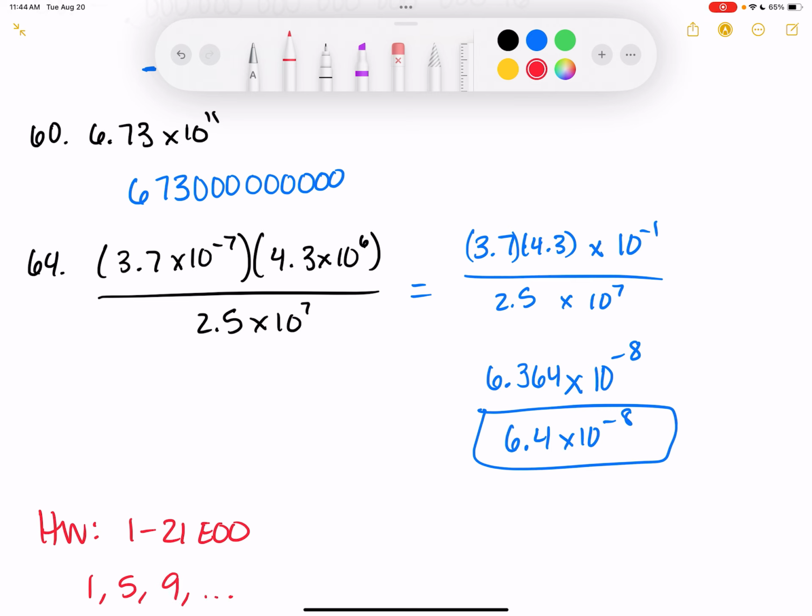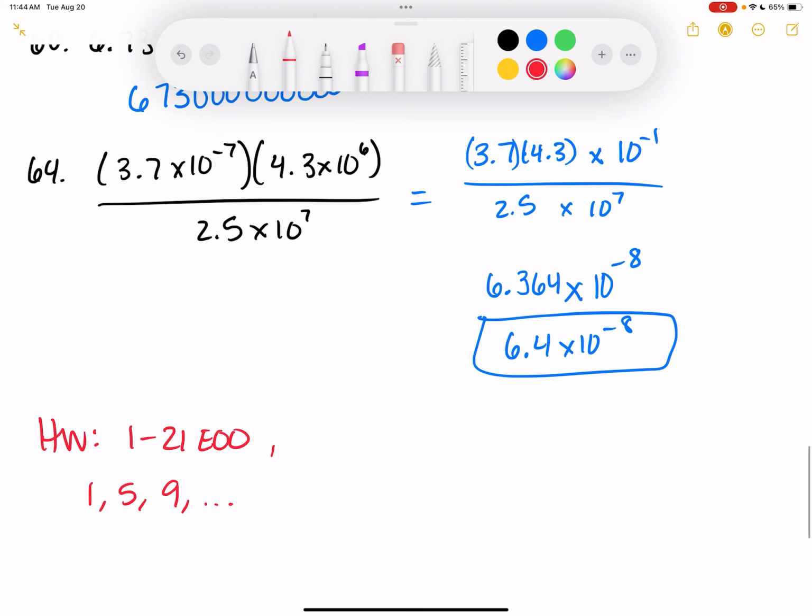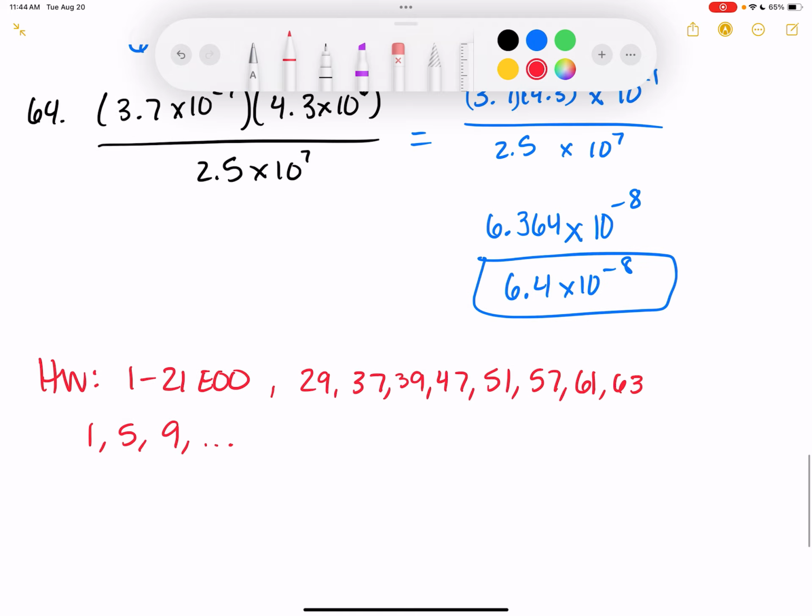Then 29, 37, 39, 47, 51, 57, 61, and 63. This is one of your longer homework assignments just because there's a lot in this section, as these are review sections. So 1 through 21 every other odd, and then 29 all the way up to 63, the numbers that are listed.